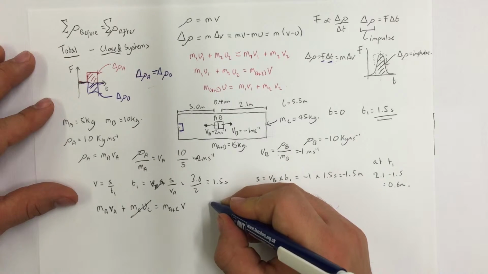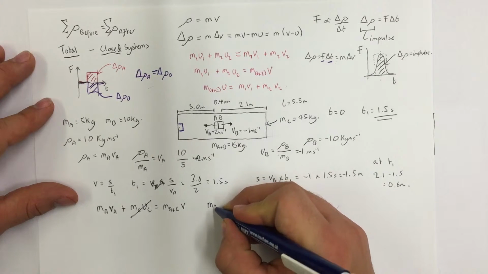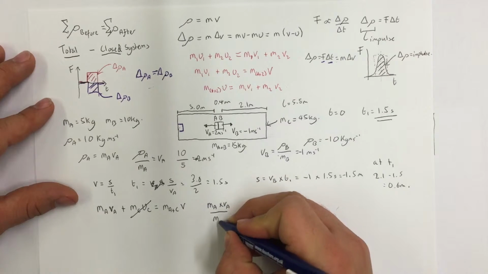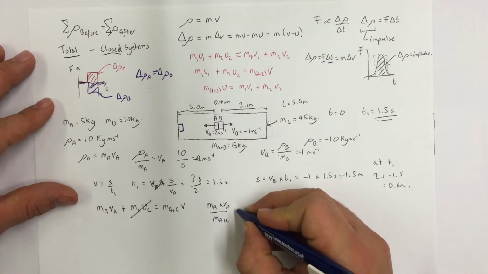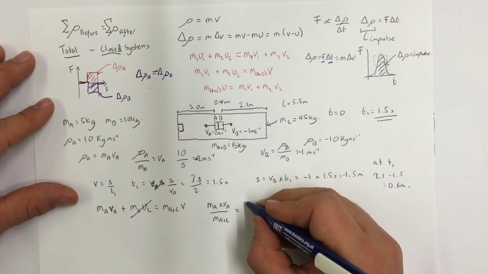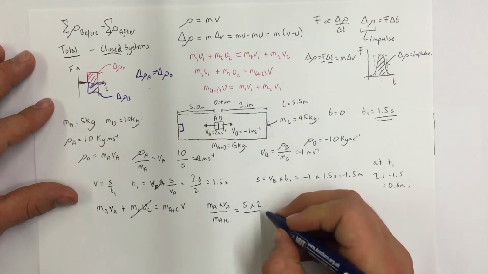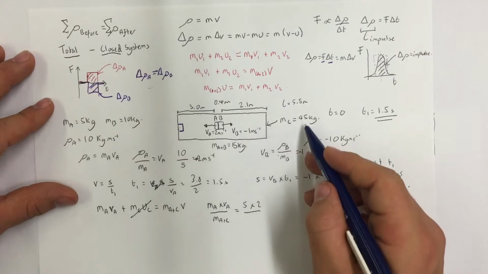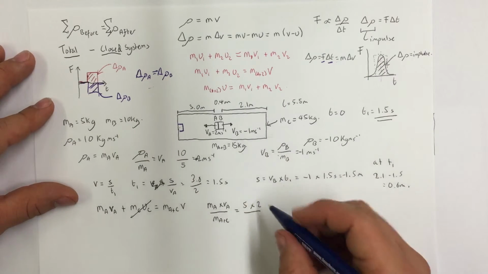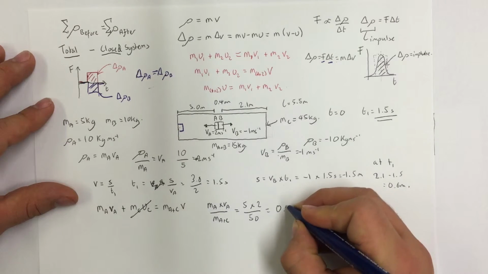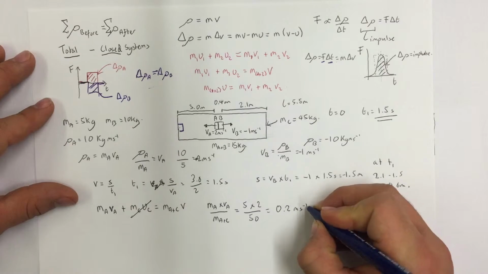So it's going to be the mass of A multiplied by the velocity of A divided by the mass of A plus C, which is equal to 5 times 2 divided by 45 plus 5, which is 50, and that's equal to 0.2 meters per second.